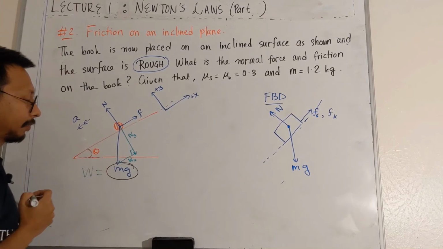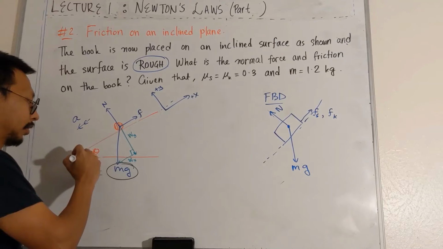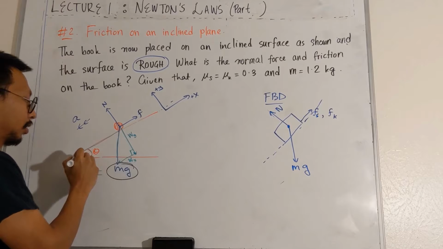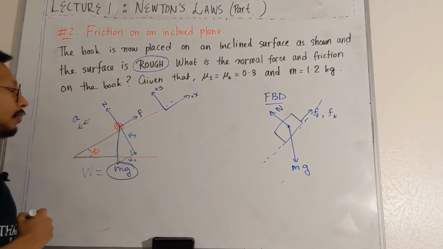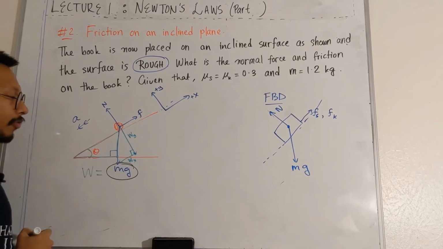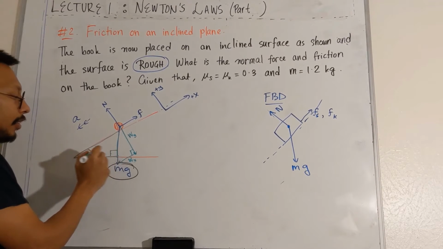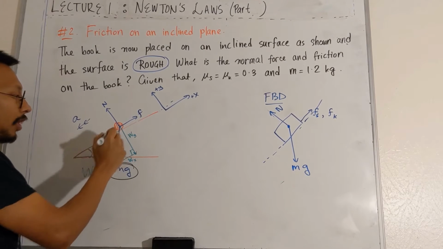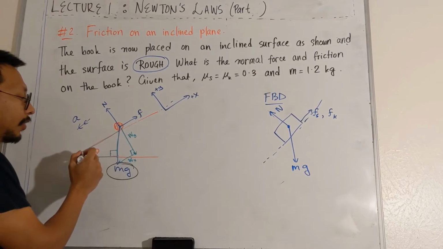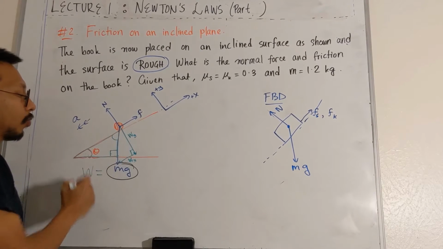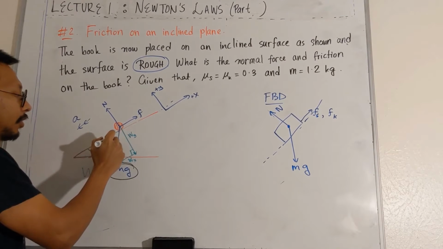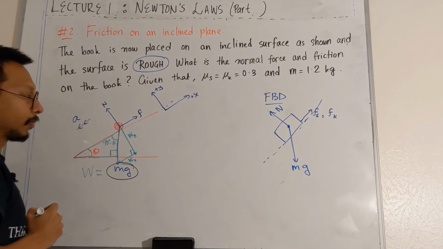So if this is theta, then this triangle with the original weight is a right angle triangle. Now if this is 90 and this is theta, we know that the sum of all angles of a triangle is 180 degrees. If this is 90, this is theta, then this is nothing but 180 minus 90 minus theta, which means this is 90 degrees minus whatever theta may be, right?